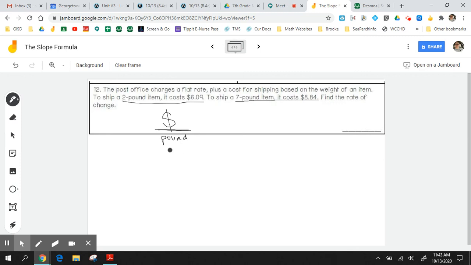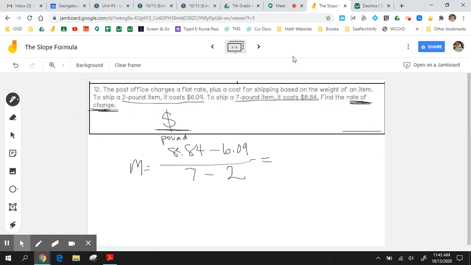When I go to write this, I'm going to put 884 minus 609. And I'm going to put the denominator as 7 minus 2. This way I can find the slope, the rate of change. Rate of change, keyword, meaning slope.